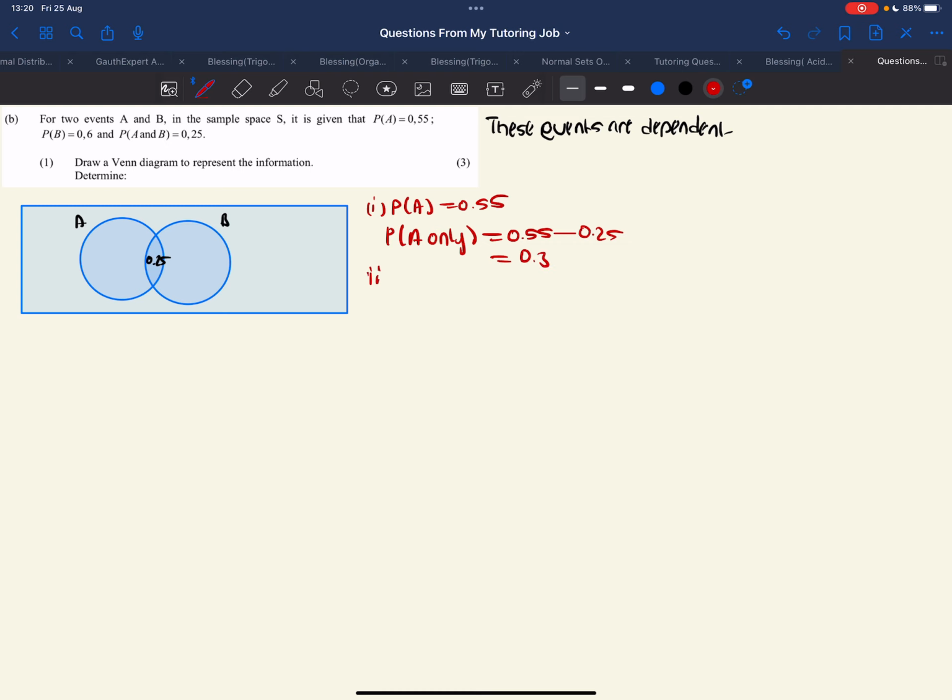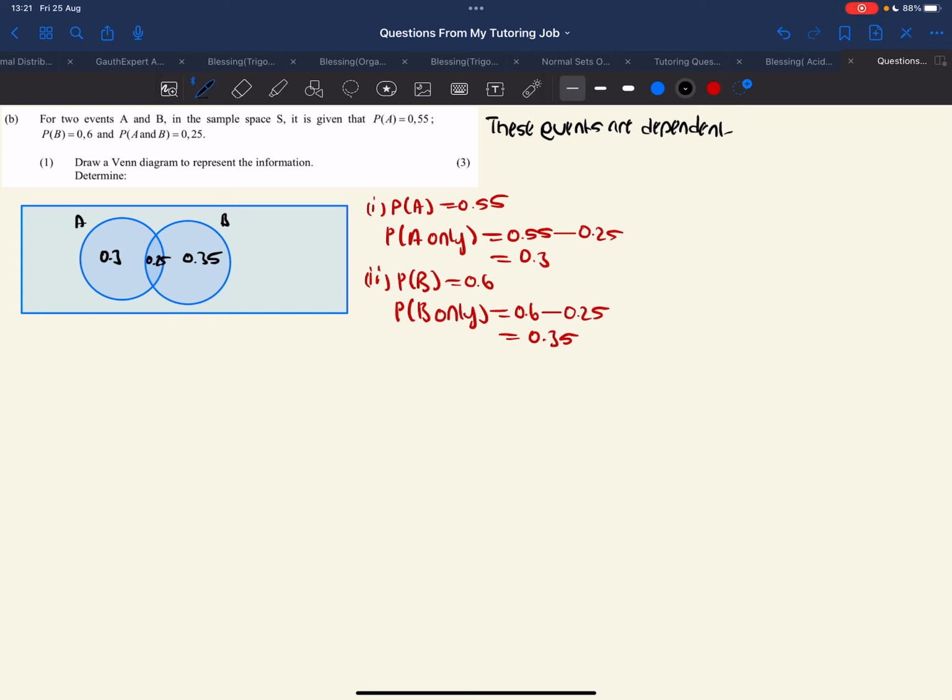And then I'm given that P(B) equals 0.6. I need B only happening, which is 0.6 minus 0.25, which basically gives me 0.35. So I'm going to put 0.3 here and 0.35 there.